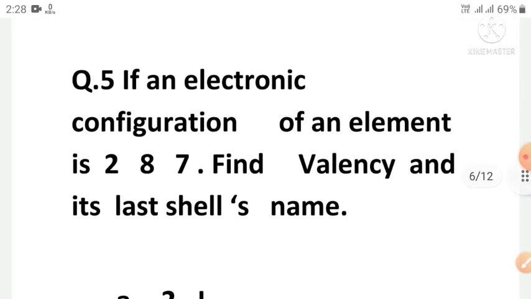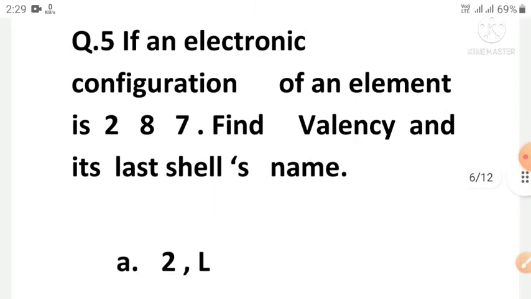If the electronic configuration of an element is 2, 8, 7, we know that it is a short electronic configuration. So here it is given shell-wise. We have to find the valency and its last shell's name. First we derive the valency, then its last shell's name.